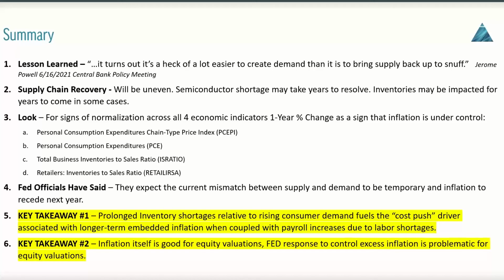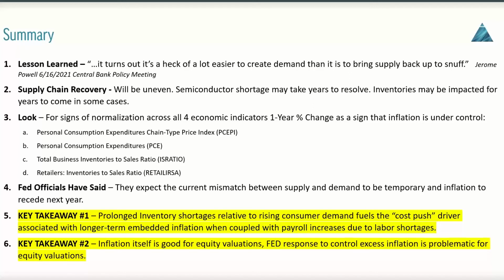That ratio that we were looking at of inventory to sales. Ultimately, this could be a cost push driver that could be associated with that longer term embedded inflation that when coupled with payroll increases and labor shortage, could make inflation more of a long-term phenomenon than transitory. And that's what we've got to be careful of.